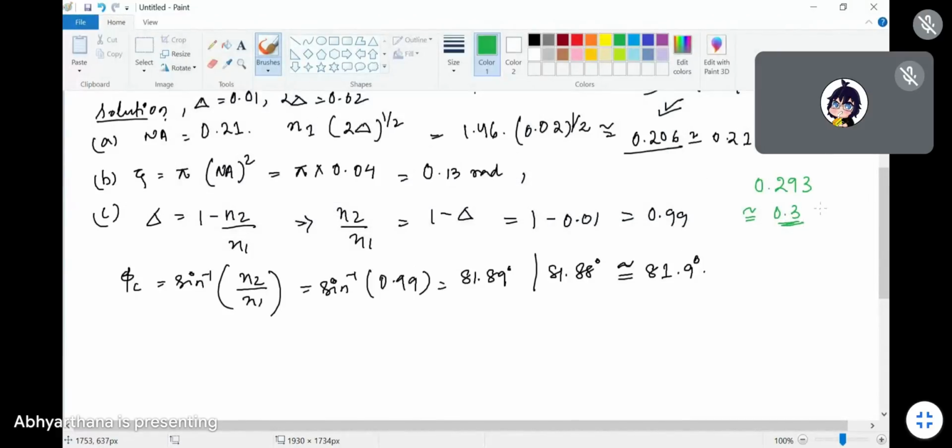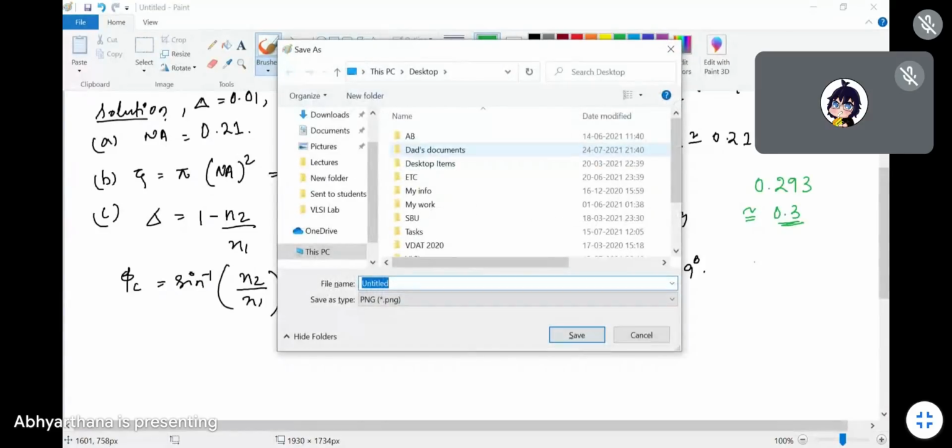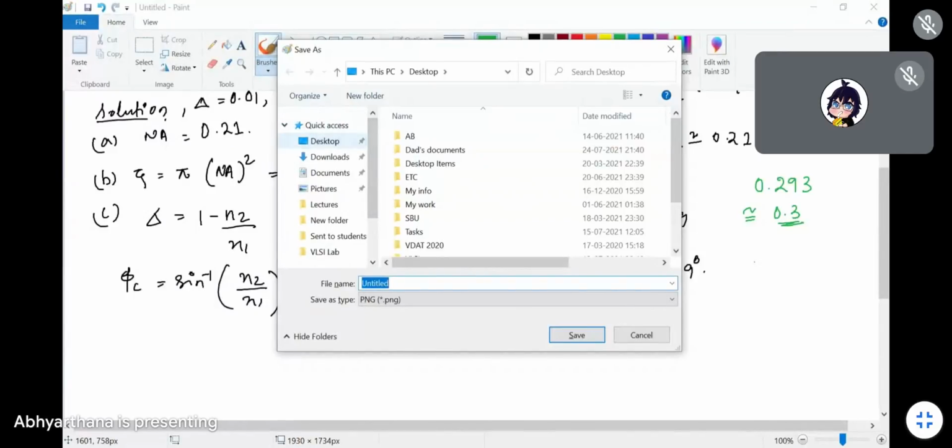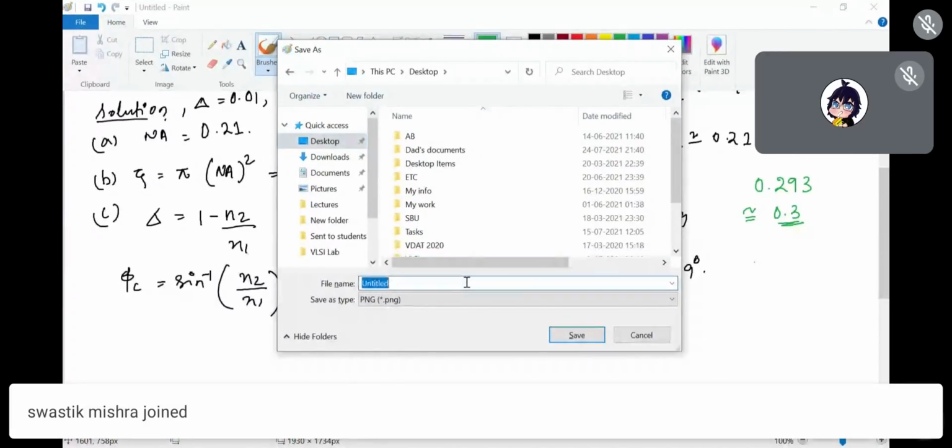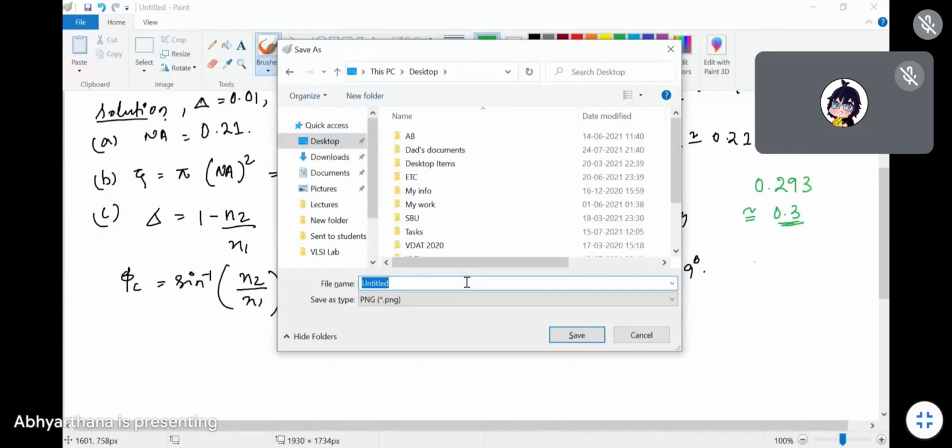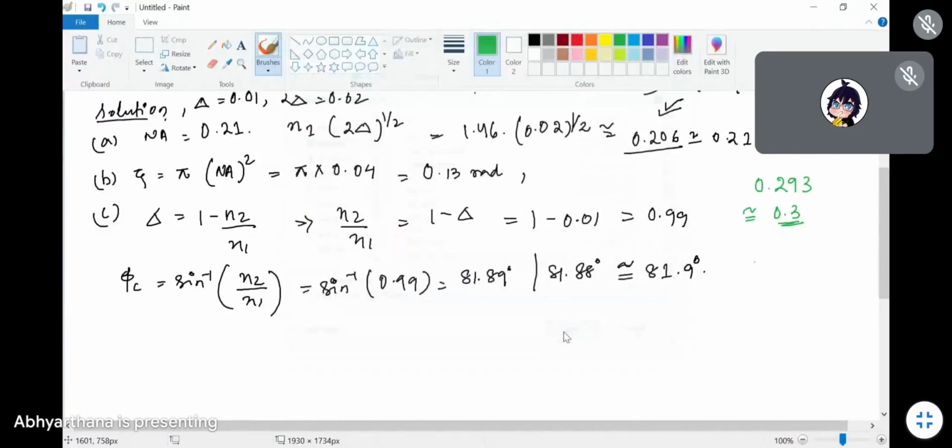And don't say after this that we will approximate it as 82 degrees, not like that. Since we are in engineering, it is better we keep our values as such, because maybe in your IES exams and all, you might get these questions.